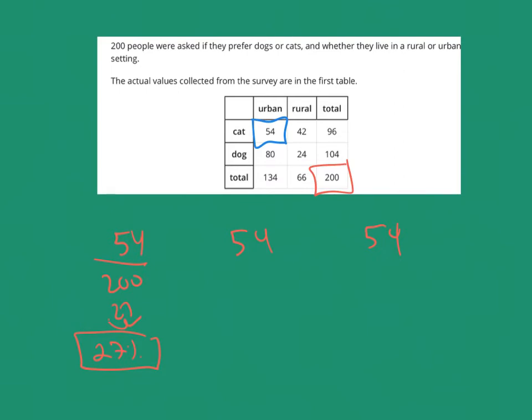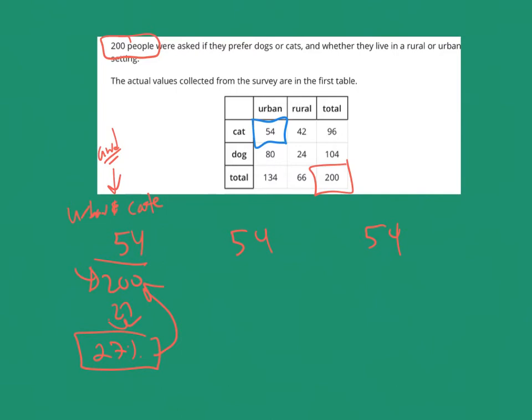So what does 27% represent? That represents urban and cat. So of the 200 people, 54 of them live in an urban area and have a cat. Or I should say that 27% of the 200 people own a cat and live in an urban setting.